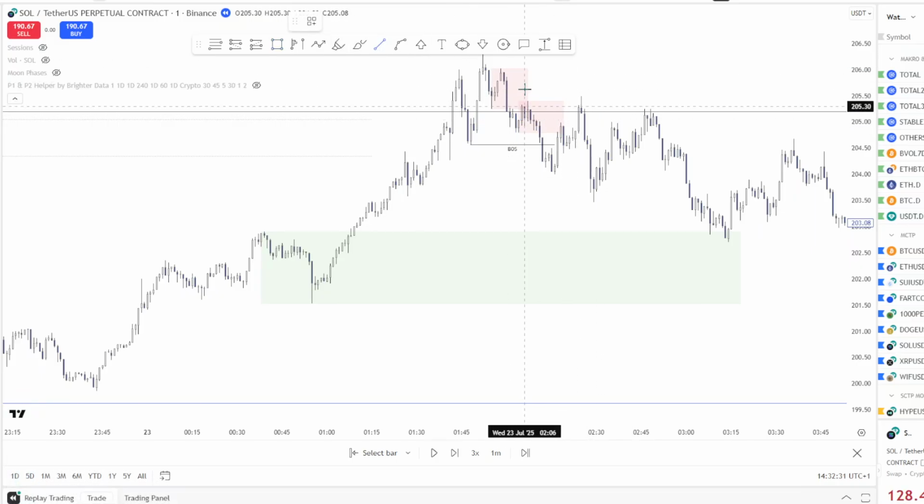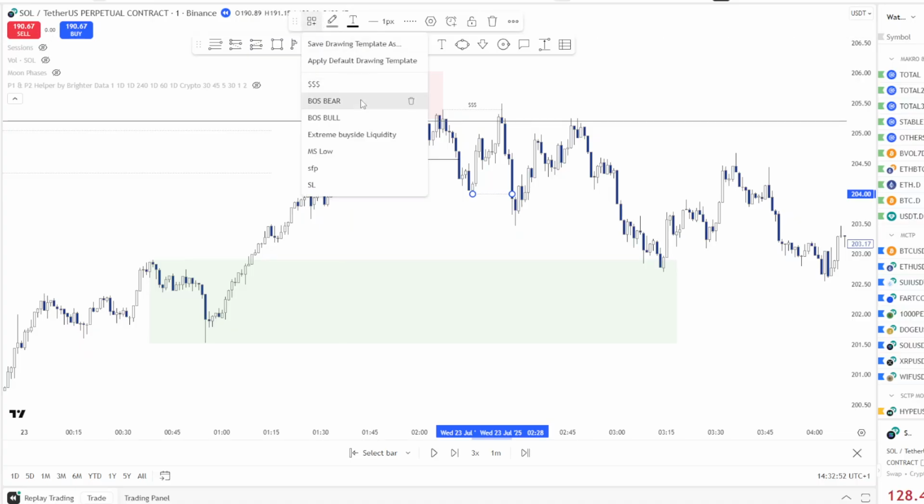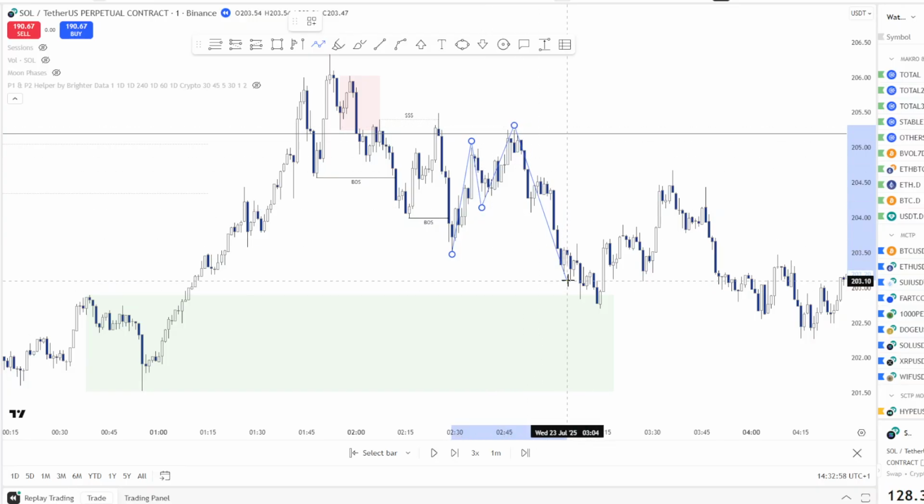We grabbed the liquidity from the supply. Well, we broke the lower low here. So again, we broke again. And here we got our level 2 break right here.